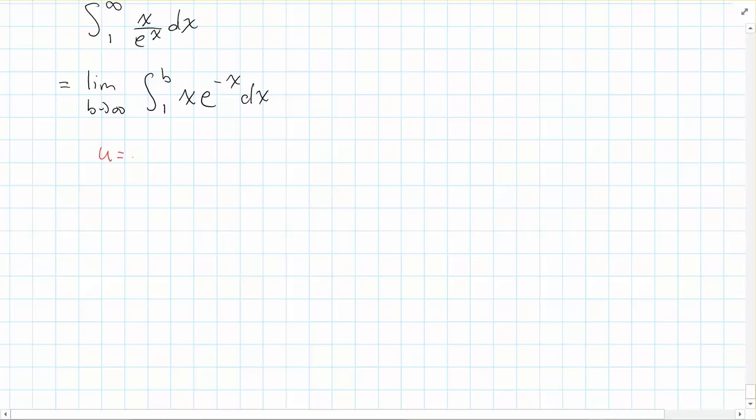And so you'd let u equal x, du equals dx, dv would be e to the negative x, and then v would be negative e to the negative x.